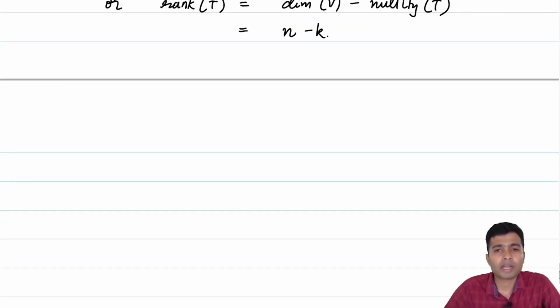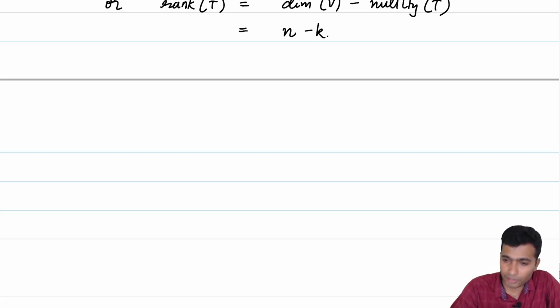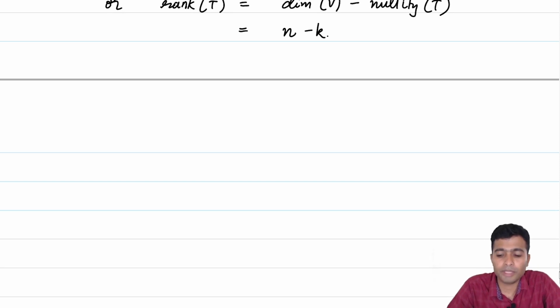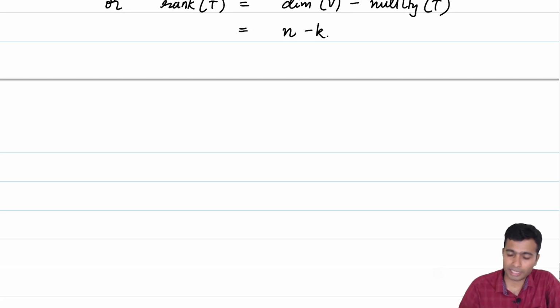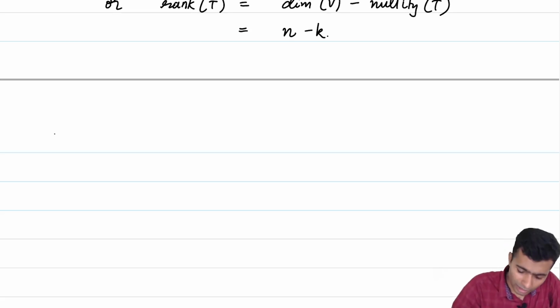But what is the rank of T? The rank of T is the dimension of the range of T. So in other words, we need to get hold of n minus k vectors which will be a basis of the range of T, and that is going to be our next endeavor. In fact, let me write down a direct claim.